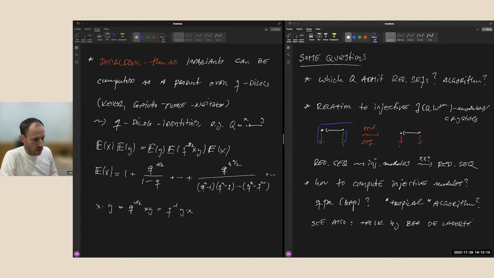So that's closely related to this circle of questions. And finally, another question I have is we have seen, if there exists a reddening sequence, then the Jacobian algebra generically is finite dimensional. How about the opposite? Or maybe there's a counterexample, then it would be nice to see that.